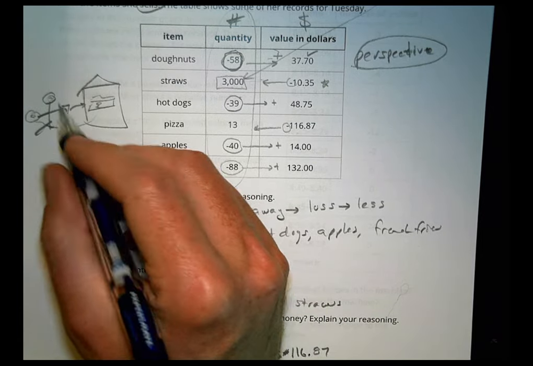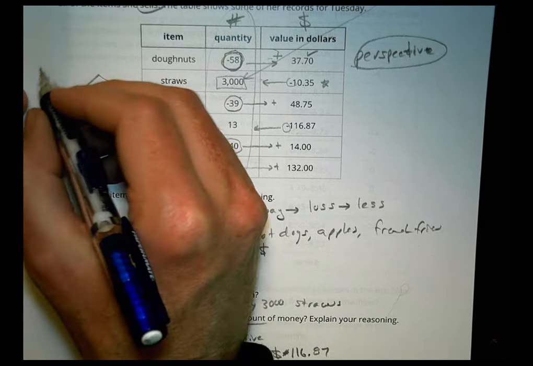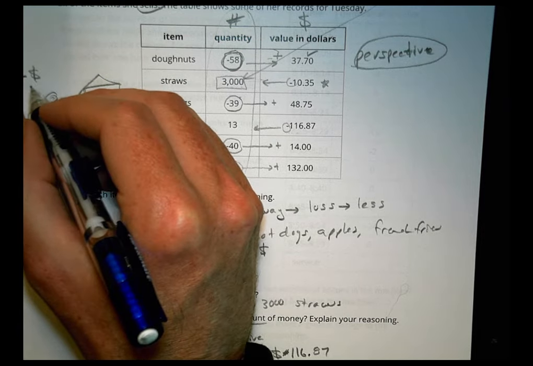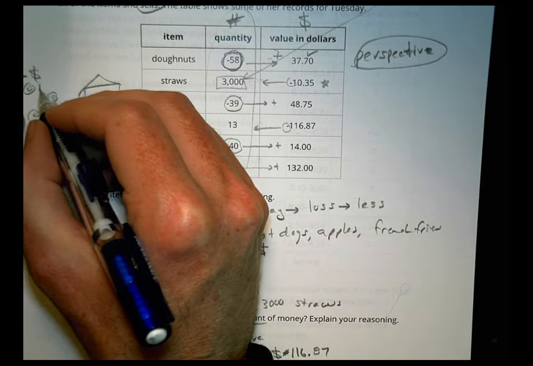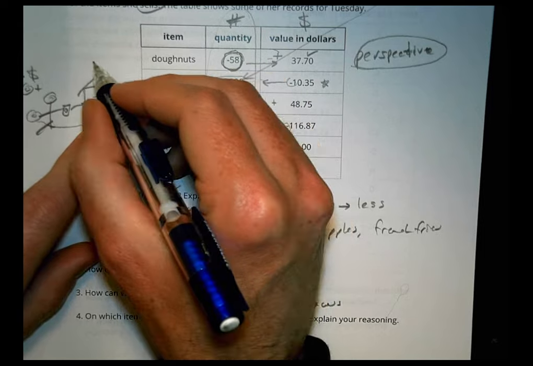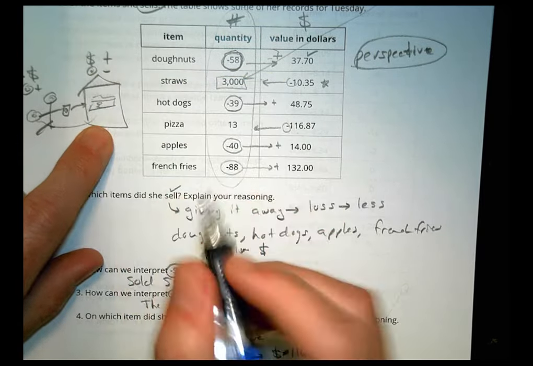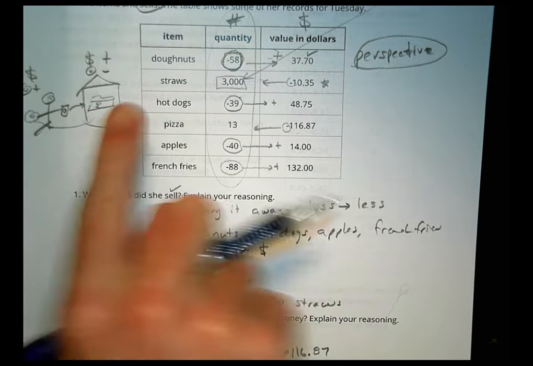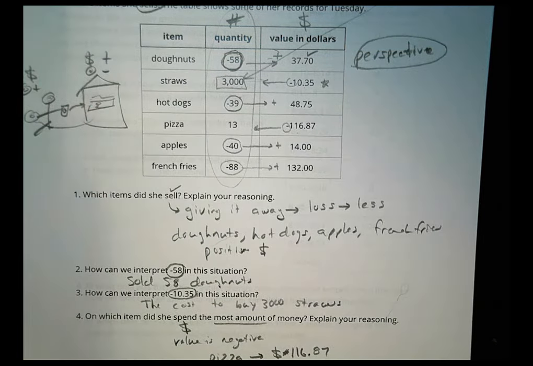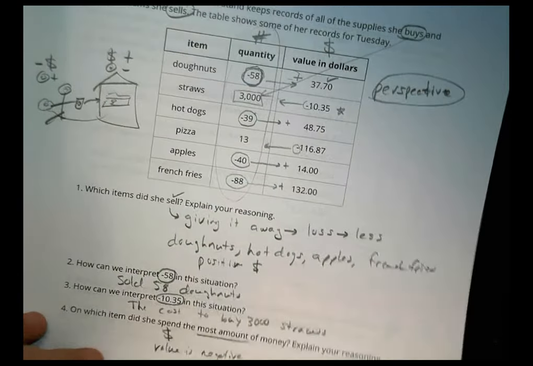So this person has the money as negative, but the donut is positive. But for the concession stand, the money is positive and the donut is negative, because that's the exchange. We're trading that way. We'll talk more about that later. Let's look at the next page.